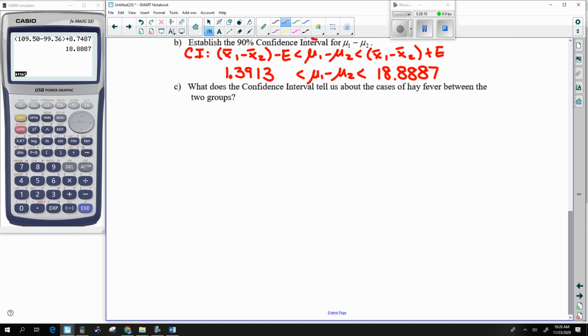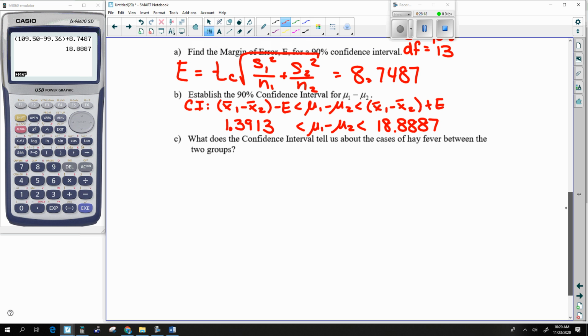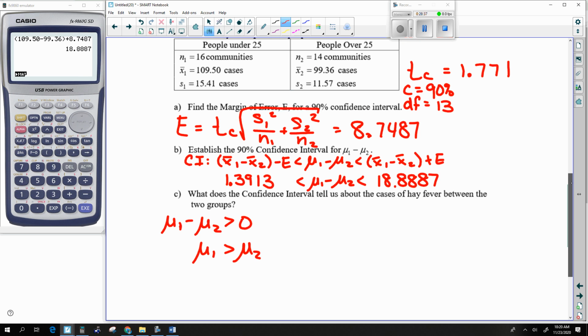Okay, so what I notice about that confidence interval is that both numbers are positive. So that implies that mu1 minus mu2 is greater than 0. It's a positive number, which means mu1 is greater than mu2. So the average of 1 is greater than the average of 2.